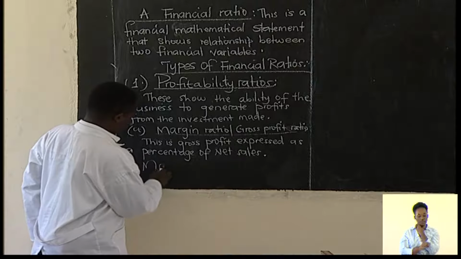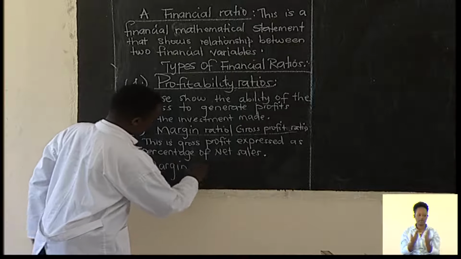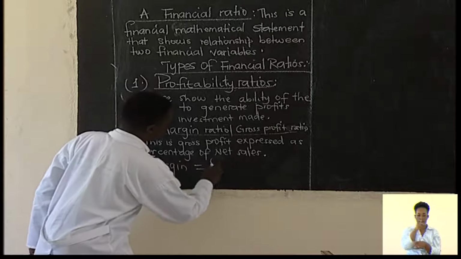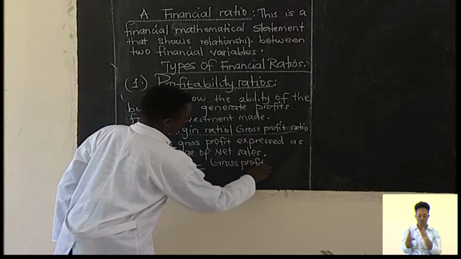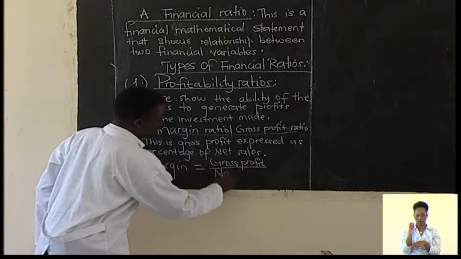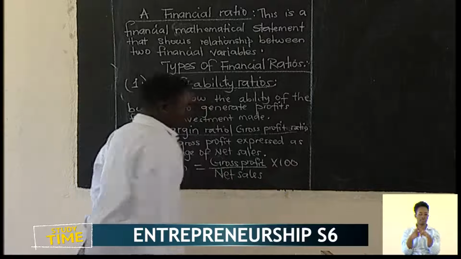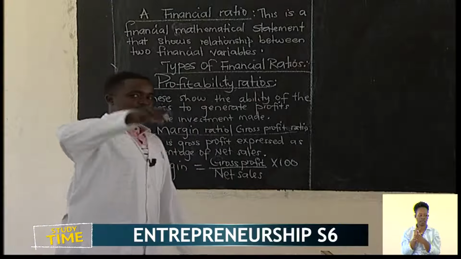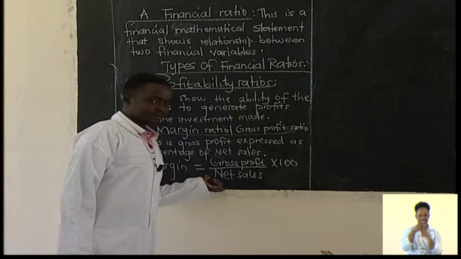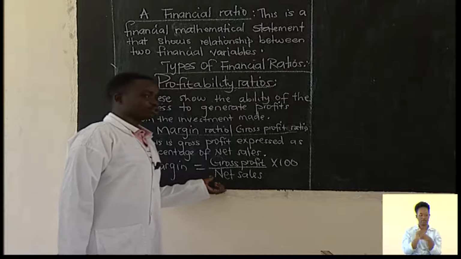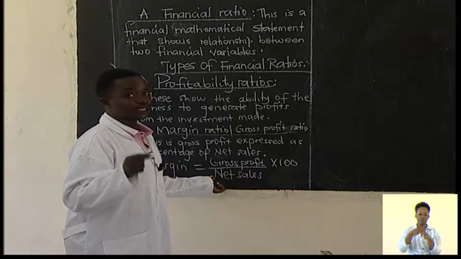For the gross profit margin, we shall have gross profit. You get gross profit, then you divide by what we call net sales, then you multiply by 100. When it comes to interpretation, remember net sales are the actual value of goods sold, after subtracting sales returns or return inwards.